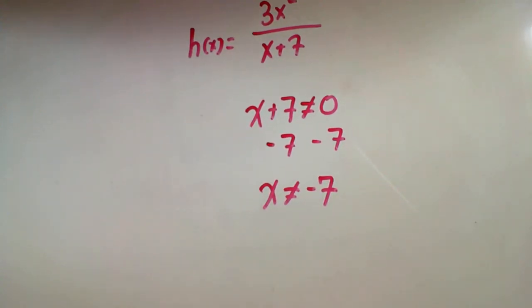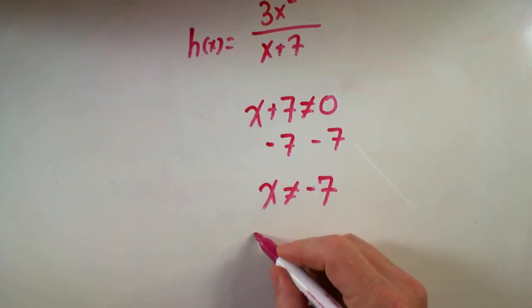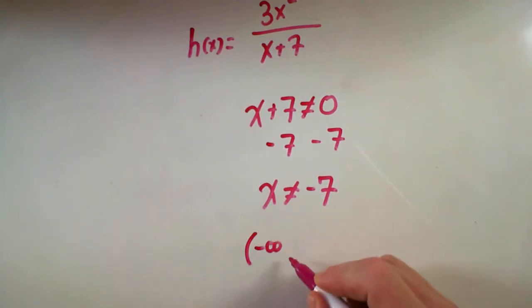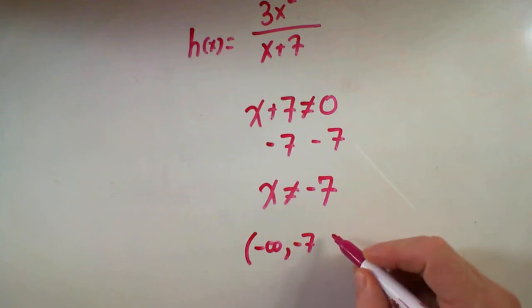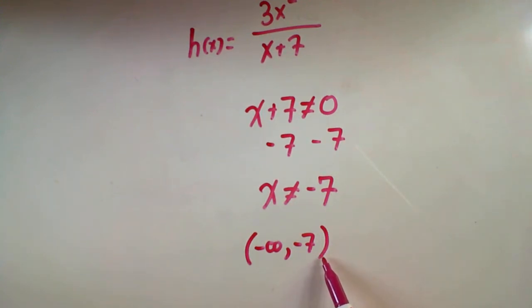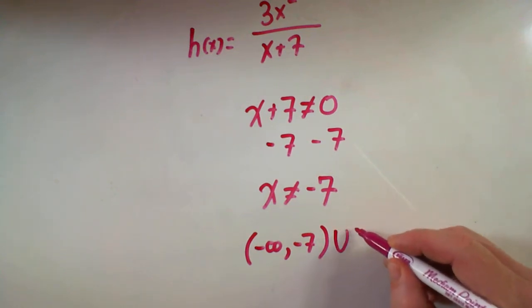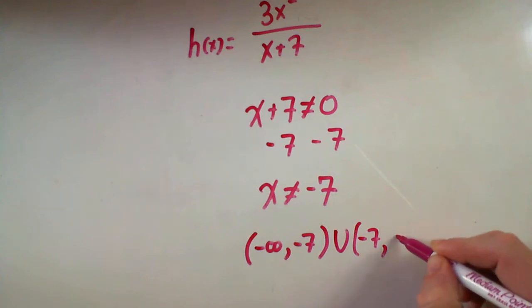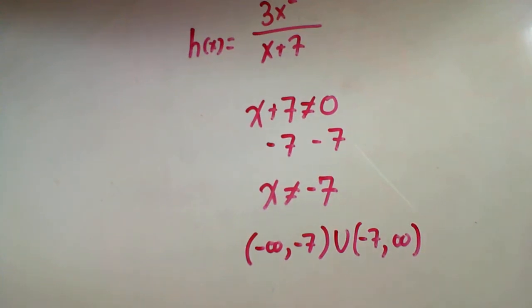In our interval notation form, that means that we will go from negative infinity up to negative 7, and not include the negative 7. That is why you use a parenthesis when you do not include something, unioned with negative 7 up to infinity.